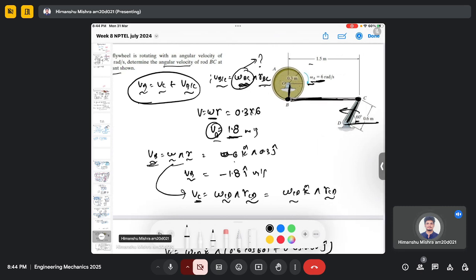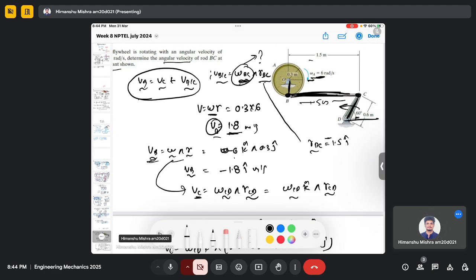So at this instant it is 1.5 meter in the x direction. So this RBC is just 1.5 in the i direction. It's minus because it's along the minus x-axis, minus 1.5i. So this is this thing.